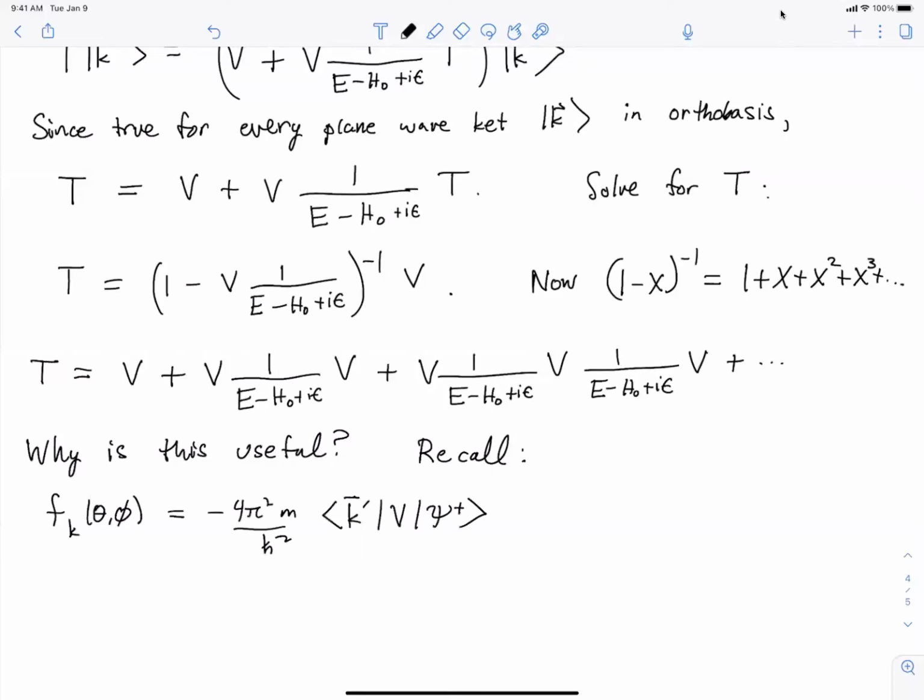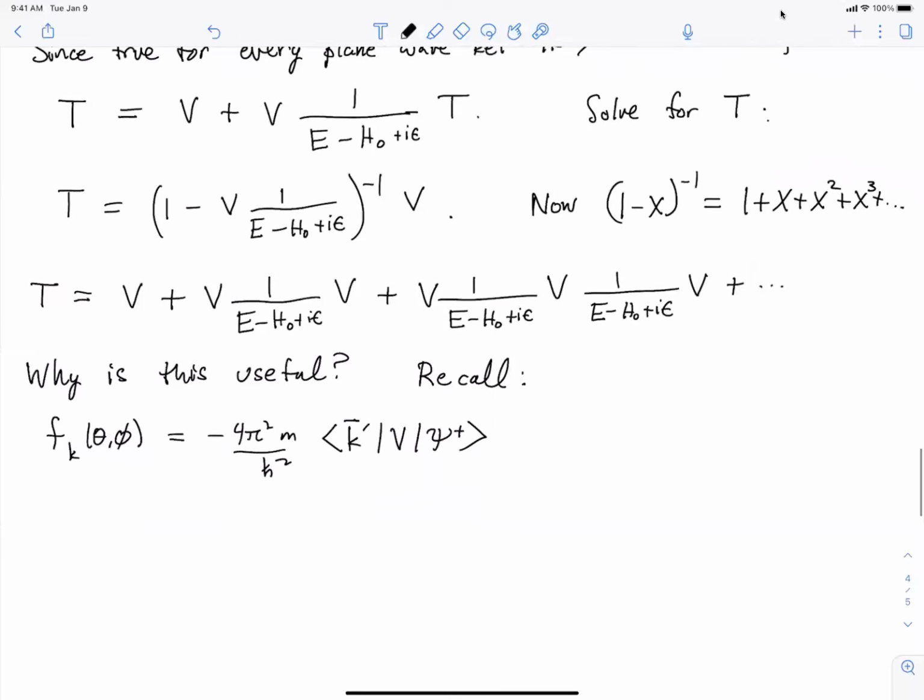Okay, that wasn't the Born approximation, that was the exact thing. But now V times psi plus, by our definition, is the transition operator times a plane wave. And so now, just rewriting this, we've got the scattering amplitude in principle in terms of only things that we actually know.